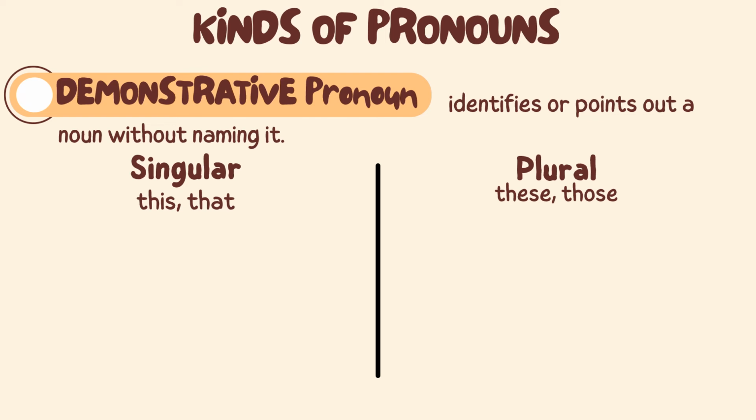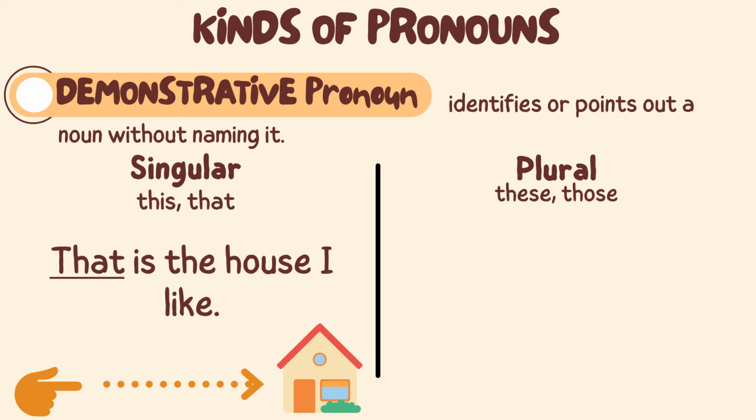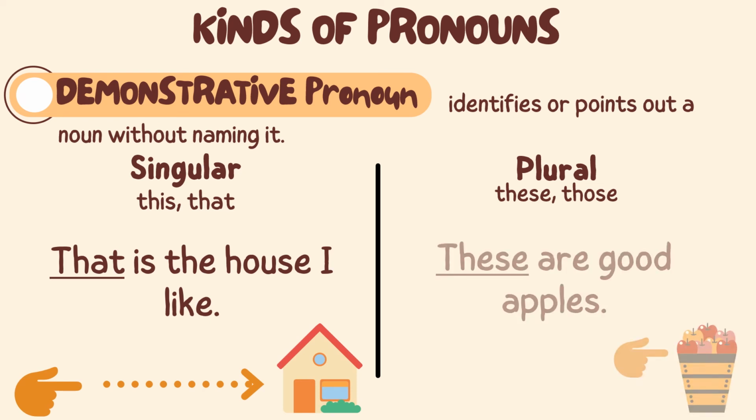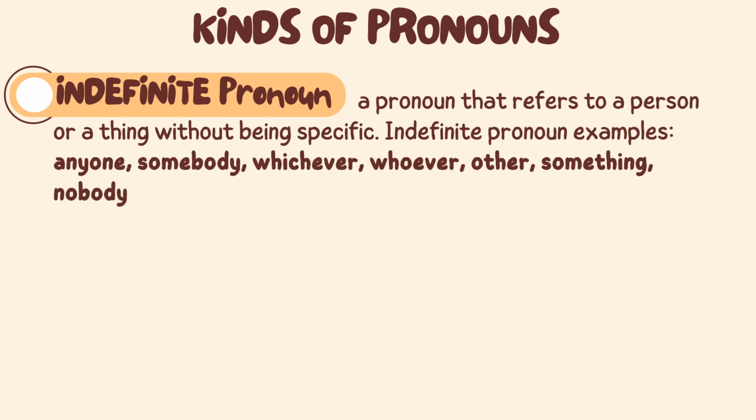This and these are used for pointing out objects that are near from the speaker, and that and those are used in pointing out objects that are far from the speaker. For example, that is the house I like. These are good apples.